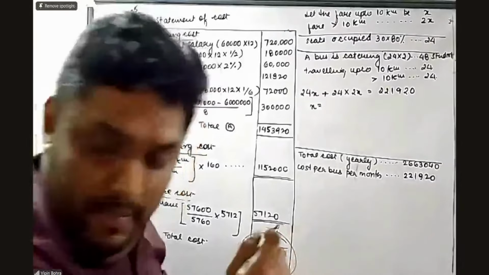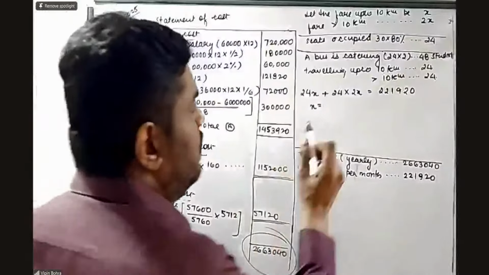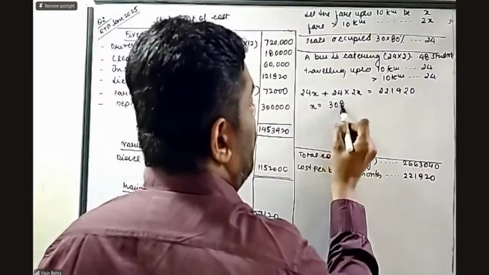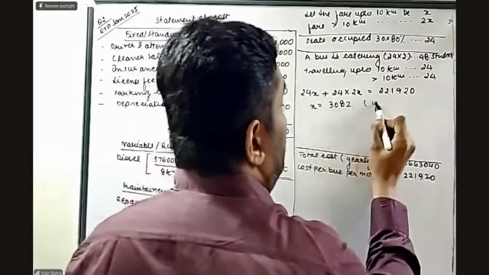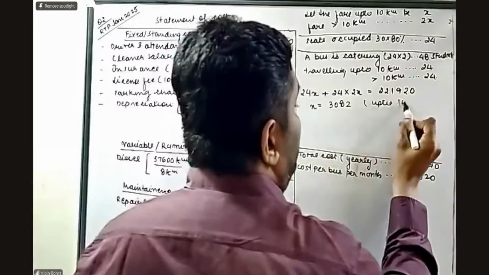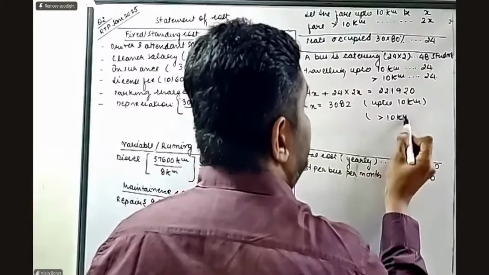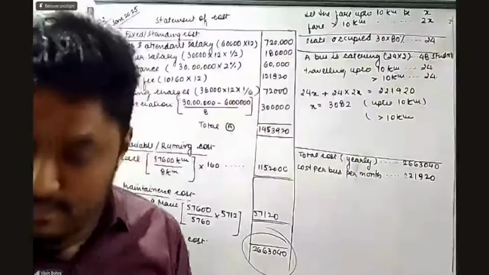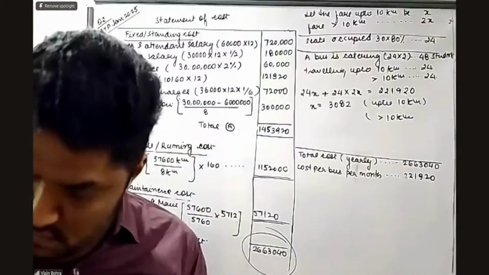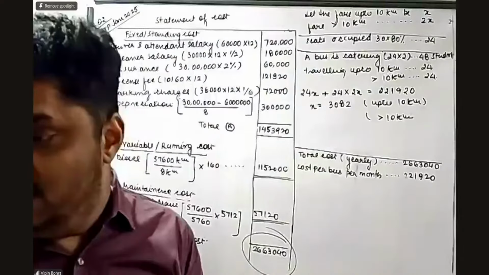So value of X will be 3082. That is up to 10 kilometers. And for more than 10 kilometers, it will be double, 6164.